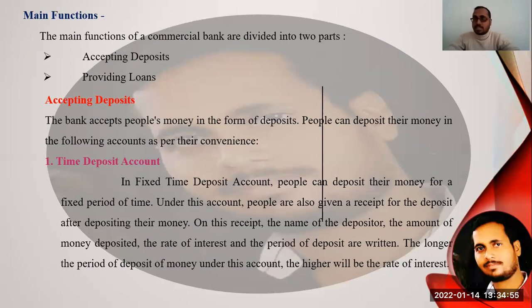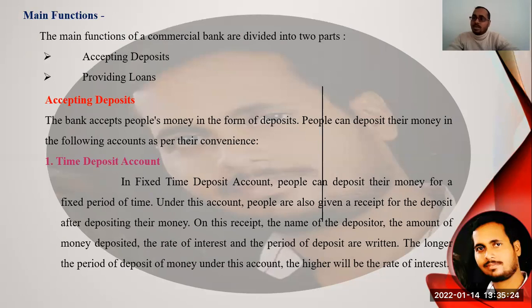First, accepting deposits means the bank accepts people's money in the form of deposits. People can deposit their money in the following accounts as per their convenience. If we have money and we have to decide which kind of facilities we want from the banks, each specific kind of facility is concerned with a specific kind of account.